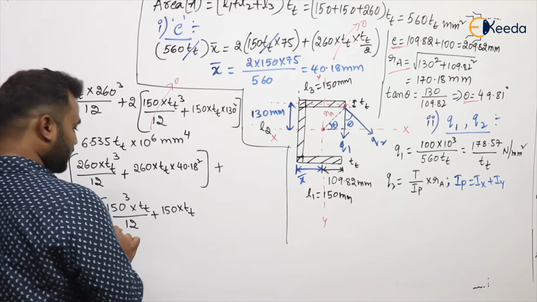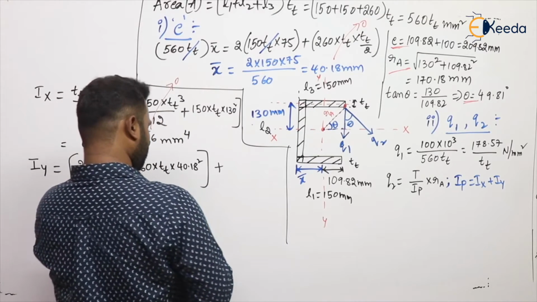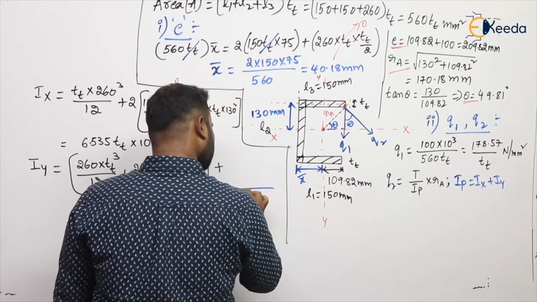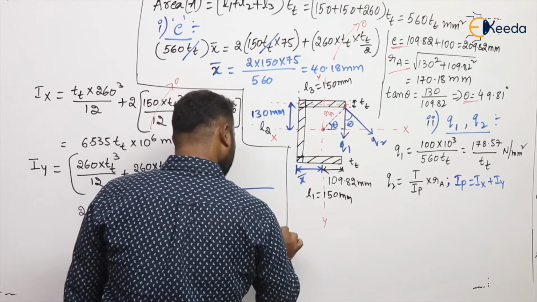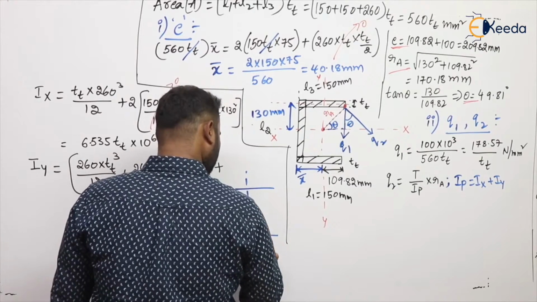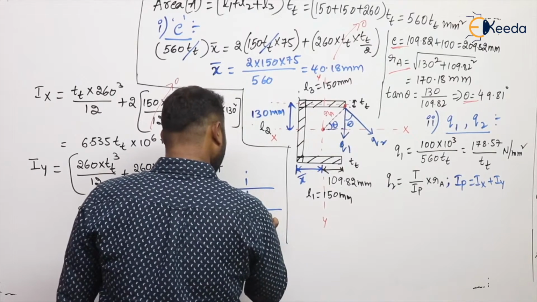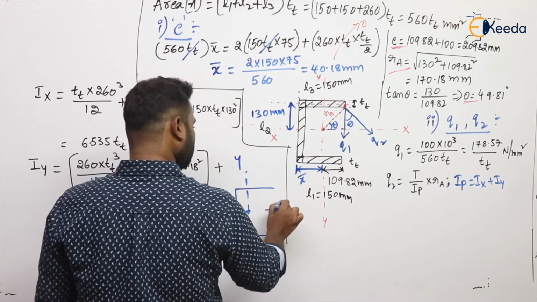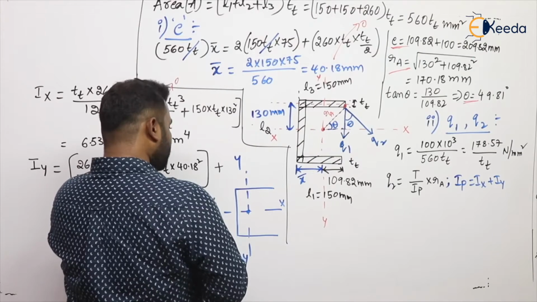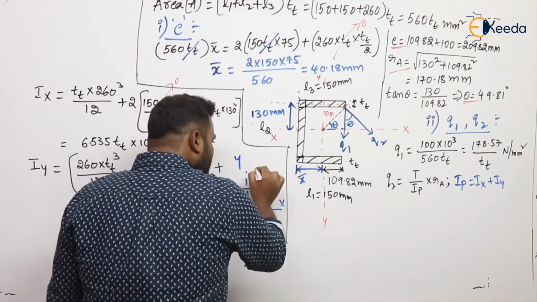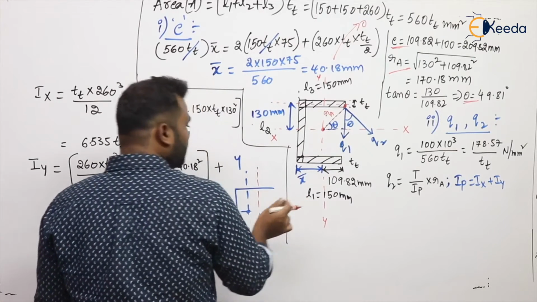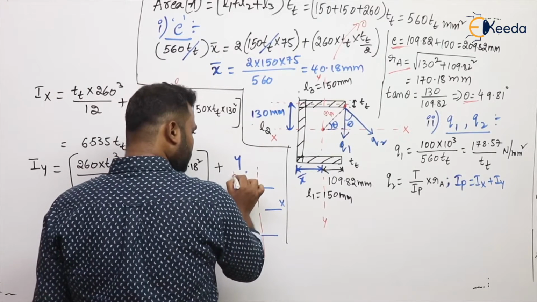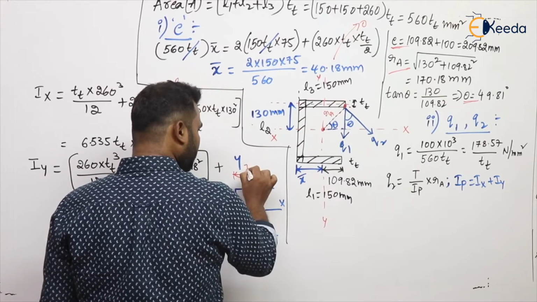Now for the CG, I will draw the diagram so that you'll understand it. Here is where the CG lies, and this is the YY axis, and this is the XX axis for the given cross section. Now the CG of the horizontal area lies somewhere here. This is the axis passing through the CG of the horizontal area. Now this is how much? 75, yes or no?